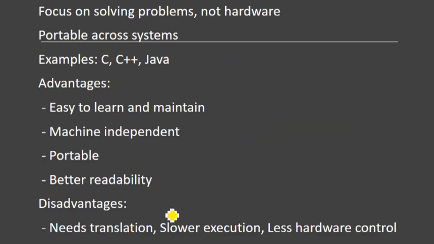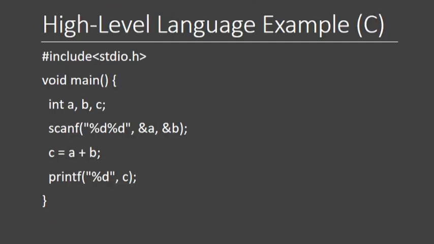The translation takes more time, so slower execution and less hardware control, because we interact with the program only, not the hardware directly. But in machine level language and assembly language, we need to interact with the hardware by giving information in terms of zeros and ones as well as assembly codes.